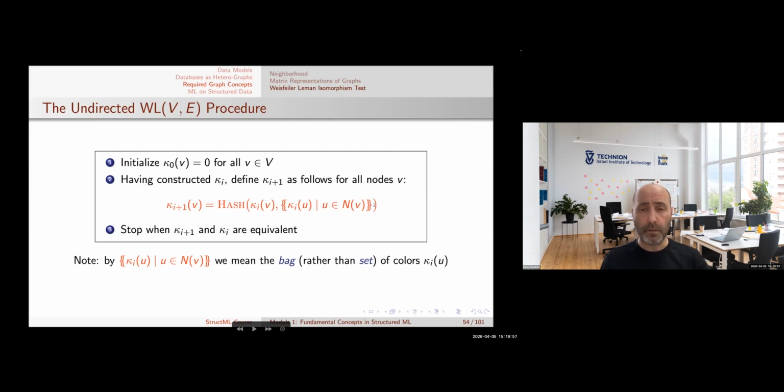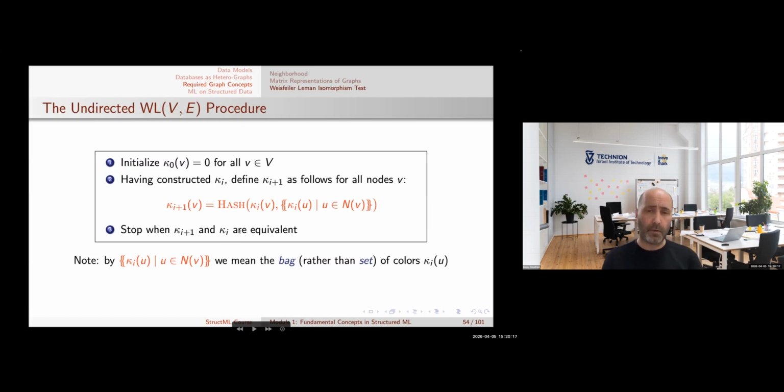And you continue, coloring and coloring. When do you stop? You stop when the current coloring, kappa i+1, is the same as the previous coloring, kappa i. Or equivalent. Not the same, but equivalent. Not necessarily the same colors.